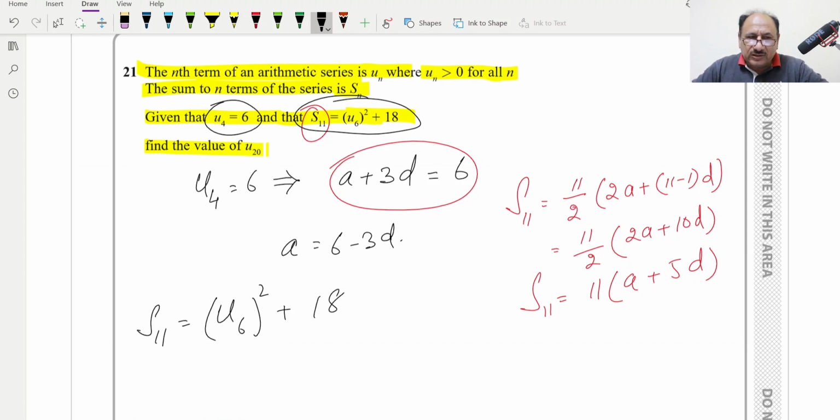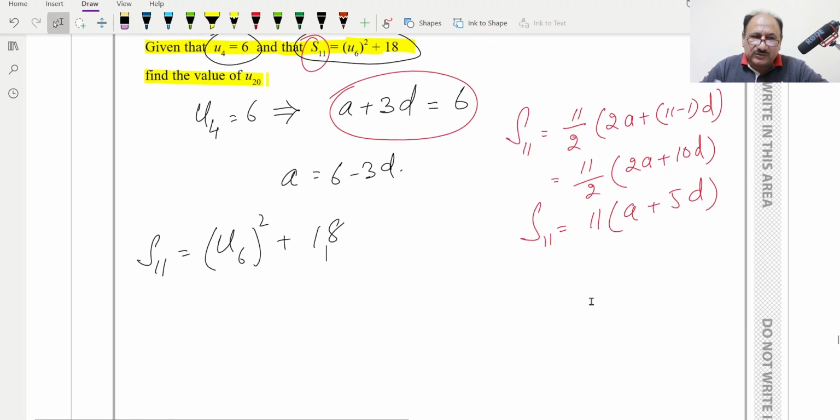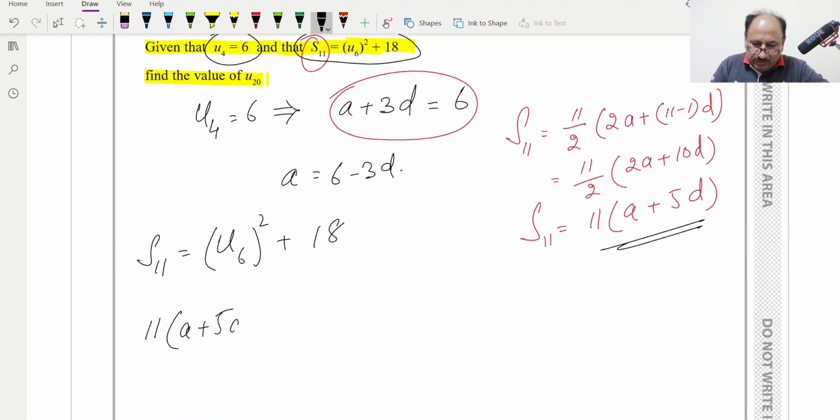First we'll write S11, which we found over here: 11 into a plus 5d is equal to u6, and for u6 we can write a plus n minus 1, so 6 minus 1 will be 5d.